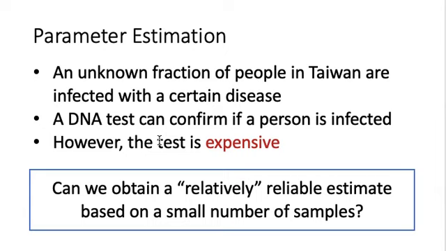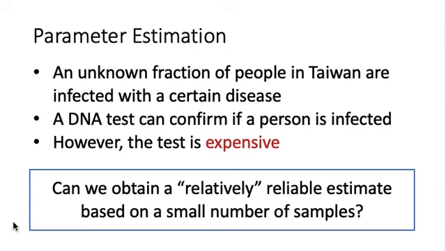Suppose that we want to find out a rough estimate of the fraction of people in Taiwan that are infected. So is it possible that we can only do experiments or DNA tests on a small number of samples so that we can have relatively good reliability on the estimation that we obtain?